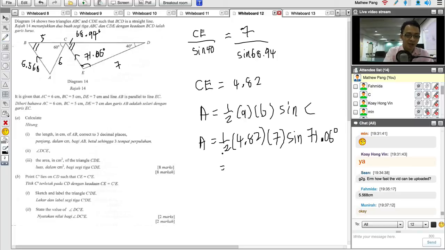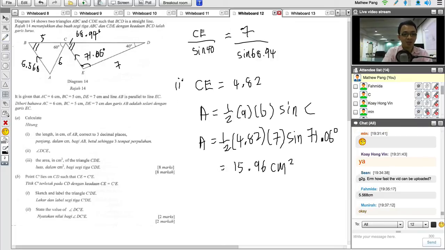Then you just use a calculator. 4.82 multiply 7 multiply sine 71.06 and then divided by 2. So it will be 15.96 centimeters square. This is the area for the triangle.